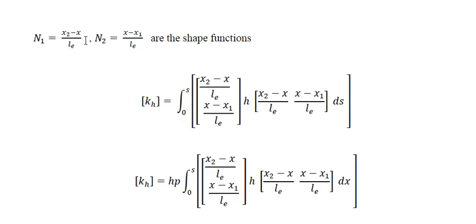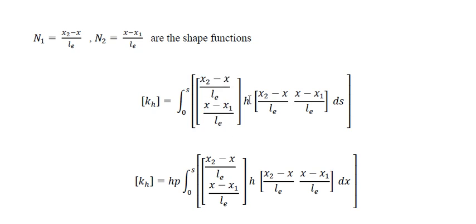We know that N1 is (x2 minus x) by LE, N2 is (x minus x1) by LE. Every derivation is similar, nothing is difficult. If you practice once, everything is just to keep on writing. It looks bigger, looks lengthier, but things are very easy.